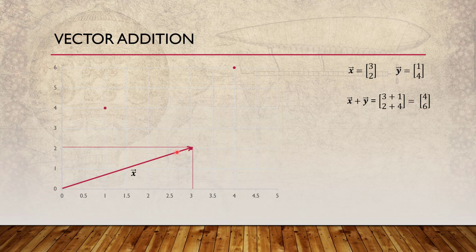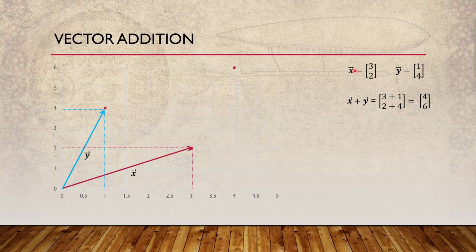So that is my x vector, which is fair enough. Similarly, this is my y vector, because from 0, if I go one step in the x direction, we reach here. Then from here, if I go up 4 steps, I'll reach this point. So that is my y vector.